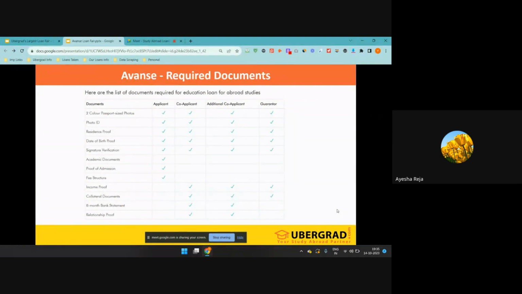For the co-borrower: Aadhaar card, PAN card, electricity bill, and current and permanent address proof. If you are self-employed, you need to submit the business proof. If you are a salaried person, you need to submit 6 months of pay slips and 8 months of bank statement. These are the required documents to process the loan.